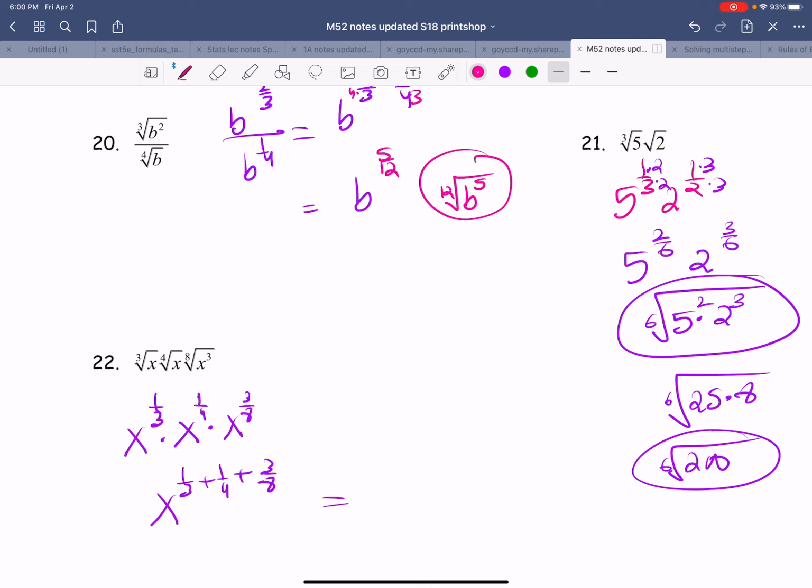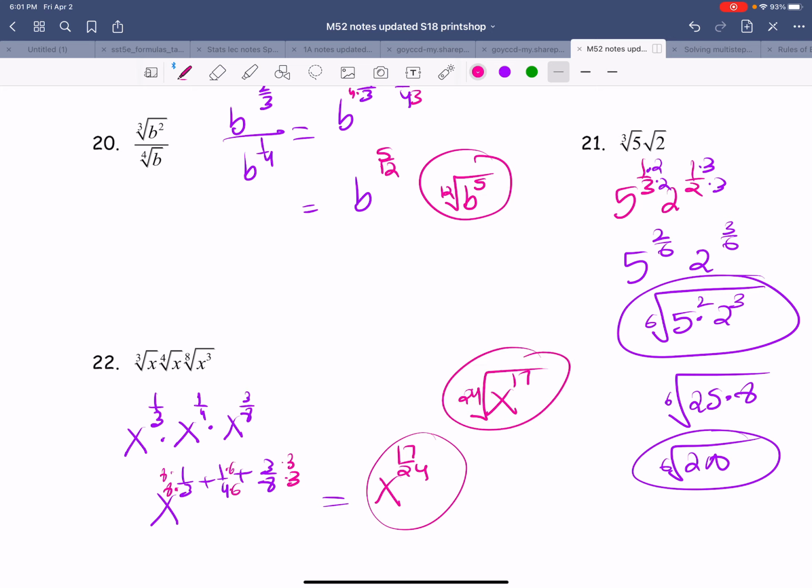So I'll multiply the first fraction top and bottom by 8, the last one by 3, the middle one by 6. 8 plus 6 plus 9 turns out to be x to the power 17 over 24. And as a single radical, this is the 24th root of x to the 17th power.